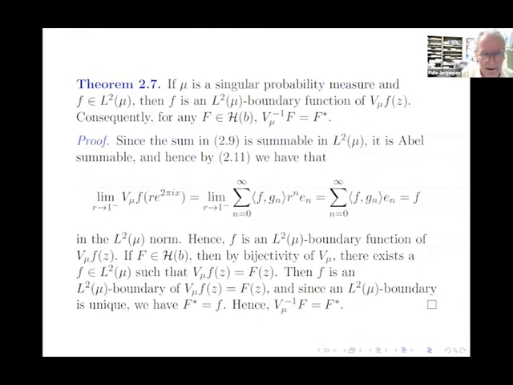And so one of the pieces of this theorem is that the inverse applied to a function in that Hardy subspace would then be a function in the L2 mu space realized as a boundary function. And so you could see that our transform V mu has the features that you would want for a spectral transform. So that's the part that I want to illustrate with my hand waving summary of our results from 2.7.